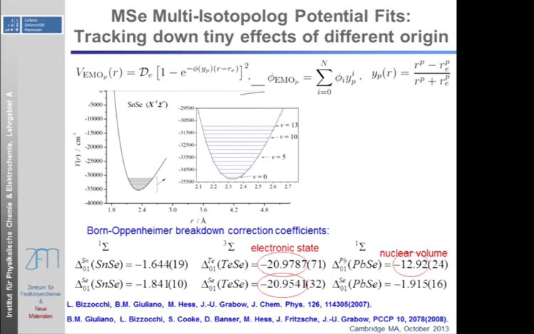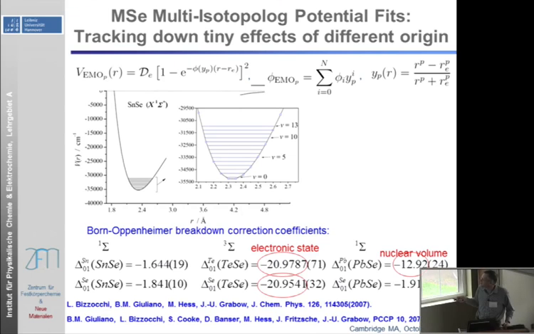Here for tellurium selenide, you have a triplet sigma state with closely lying electronic states that interact. So you get a large Born-Oppenheimer breakdown contribution that is about the same size for both atoms, tellurium and selenium. Or here for lead selenide, which is a singlet sigma state, you wouldn't expect this because there are no electronic states that would interact, but you still see a large Born-Oppenheimer breakdown coefficient, formally for the lead, not for the selenium.